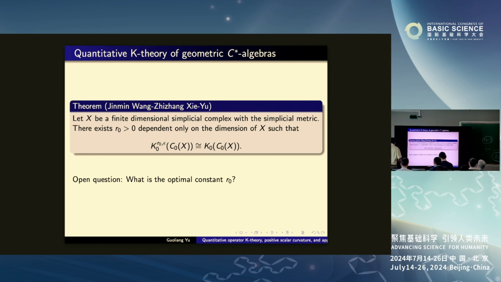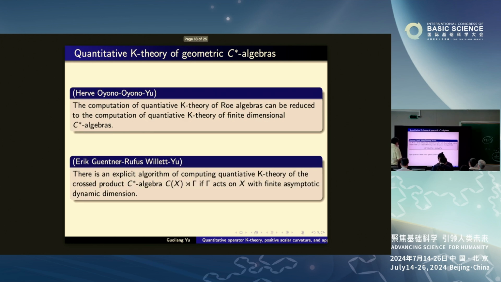Let me just say, with my collaborators, we wrote quite a few papers on quantitative K-theory. The general spirit is this: for the kernel algebra, this is called the Roe algebra.